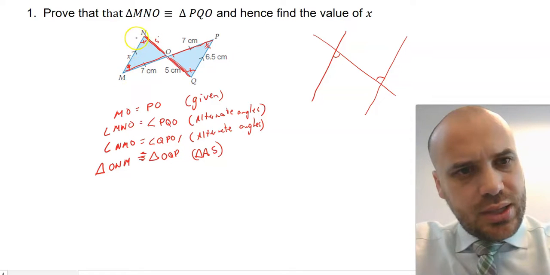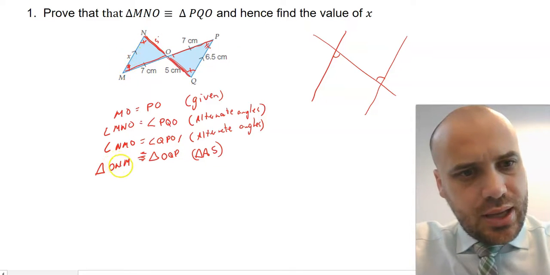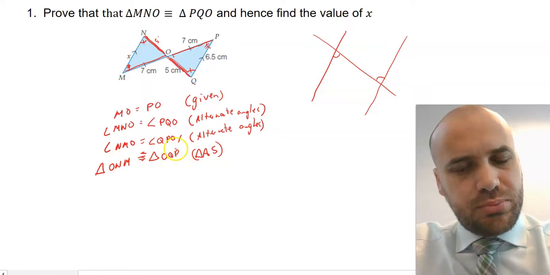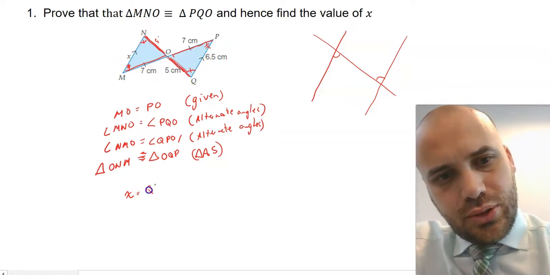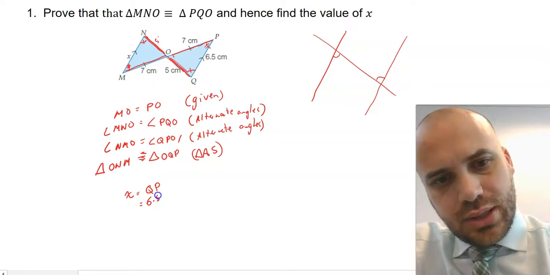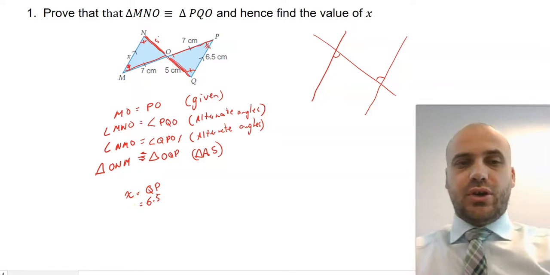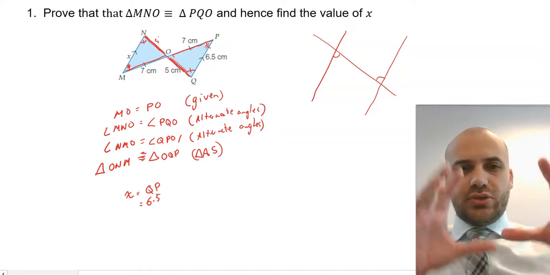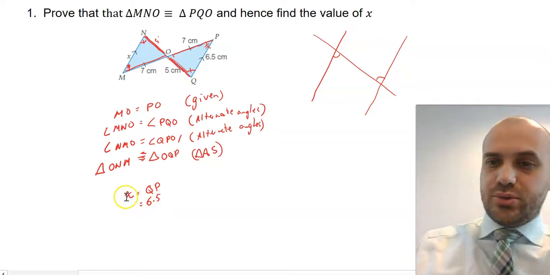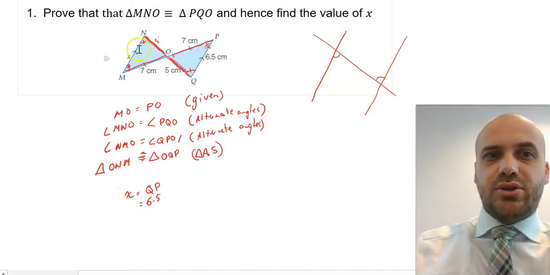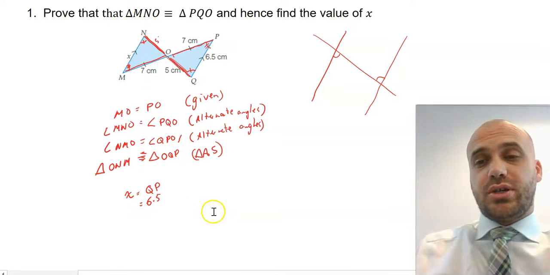That means that this one, NM, matches up with QP. So X equals QP, which equals 6.5. So not only did we do a nice formal proof using alternate angles, but we've also been able to find this unknown because we know those two triangles are congruent.